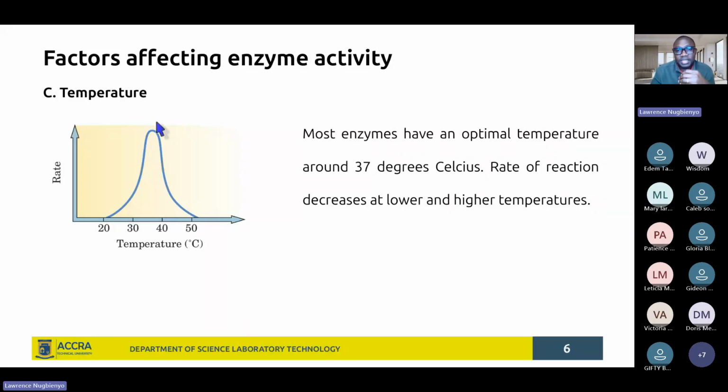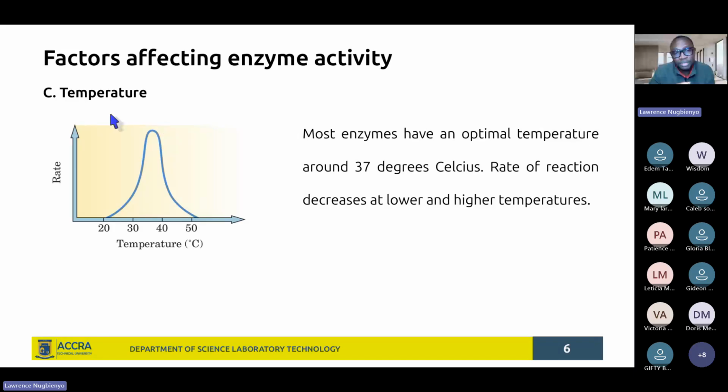Enzymes, as proteins, act at an optimal temperature. Reduction in temperature below the optimal temperature also reduces the activity of the enzymes. The enzymes become less and less active when the temperature is lowered below the optimal temperature.